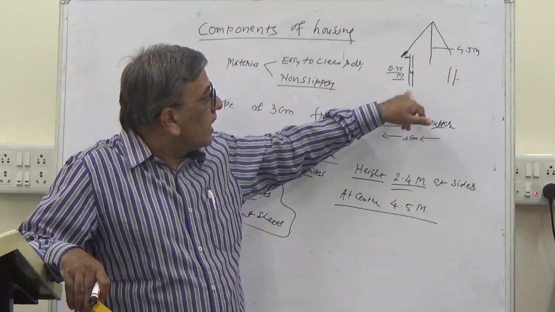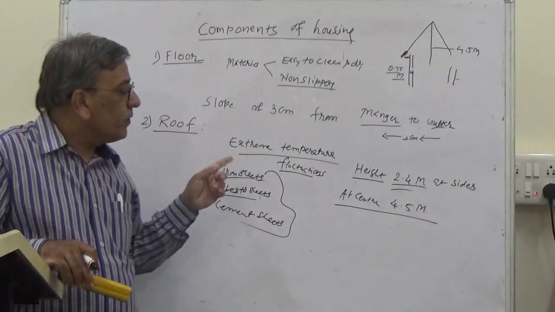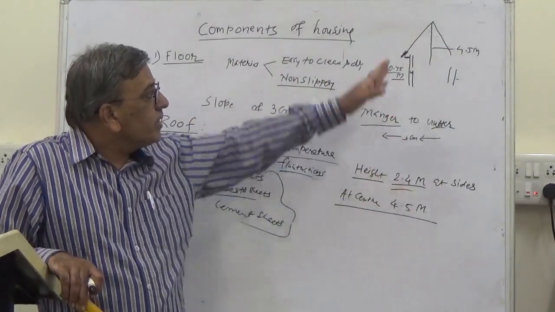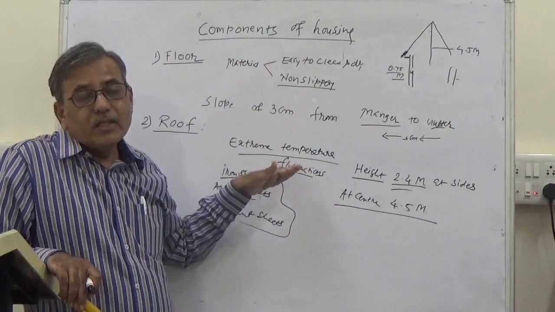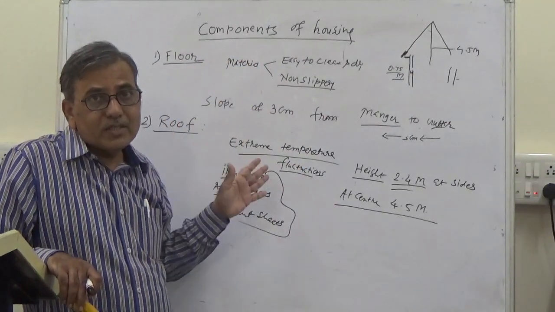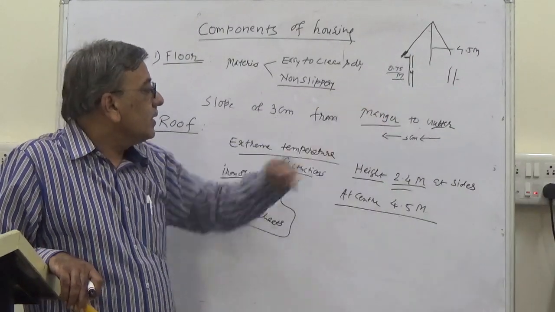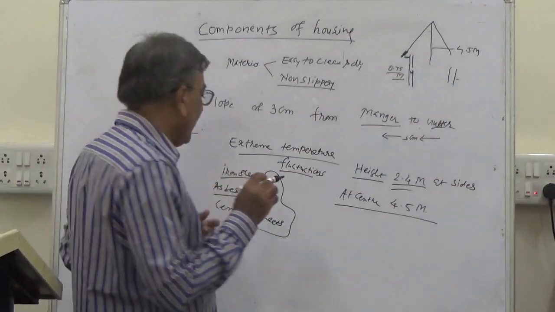So the height of the roof is 2.5 meters at sides. It is 4.5 meters at the center, and the roof extends 0.75 meters beyond the wall. Okay. Then there is a ridge which is provided for ventilation.